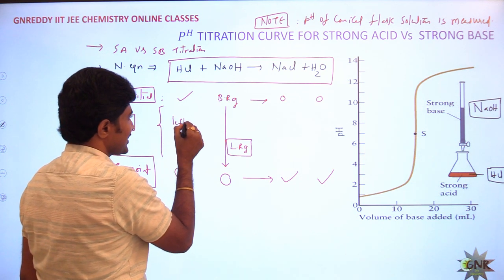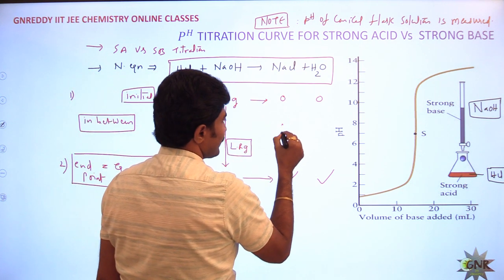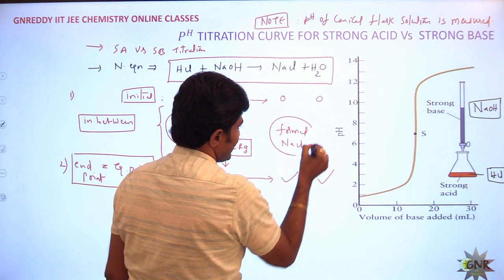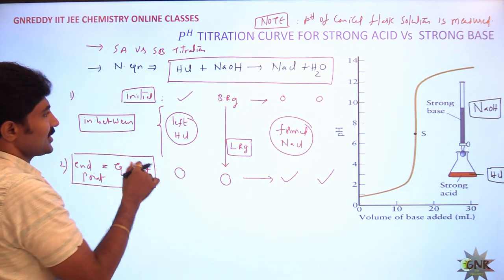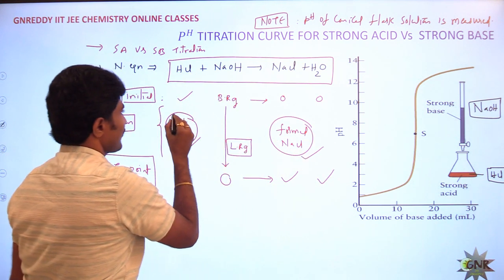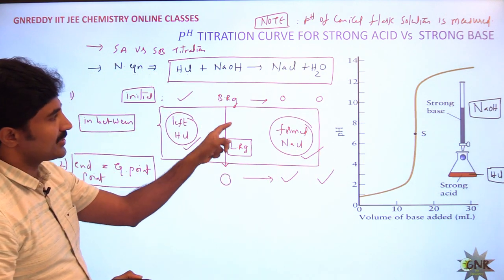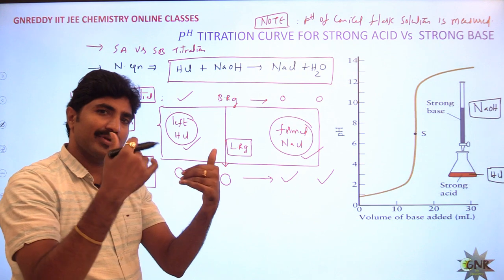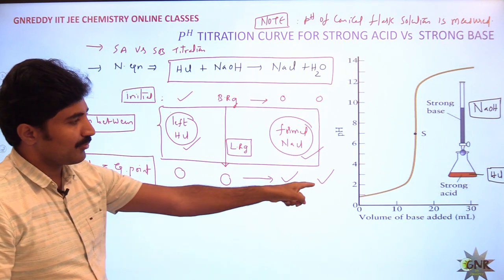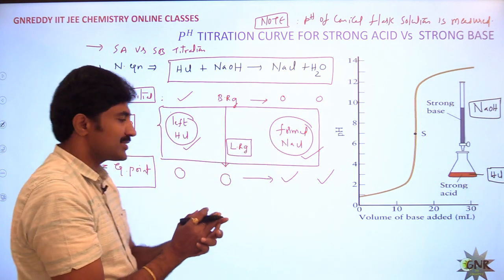Therefore, left-over HCl is present and formed NaCl is also there. So in between, these are present in the conical flask solution. The burette reagent is not present at all, because it is a limiting reagent and the added amount is immediately consumed. So initially only HCl is present, at the equivalence point only products are there, and in between initial and equivalence point, leftover HCl and formed NaCl are there.